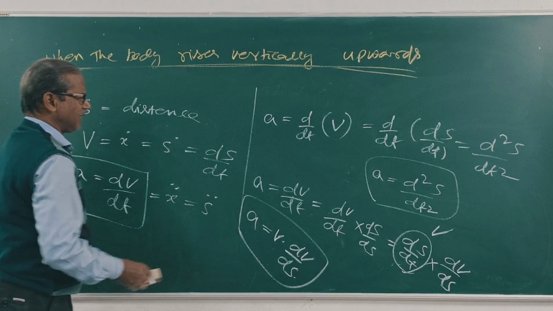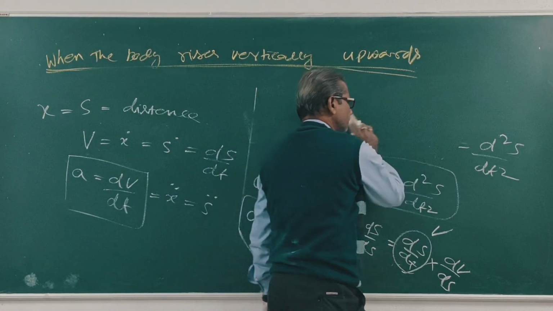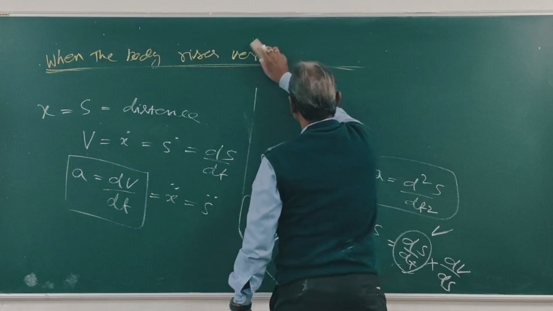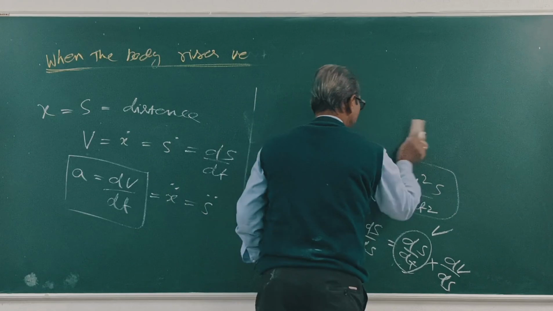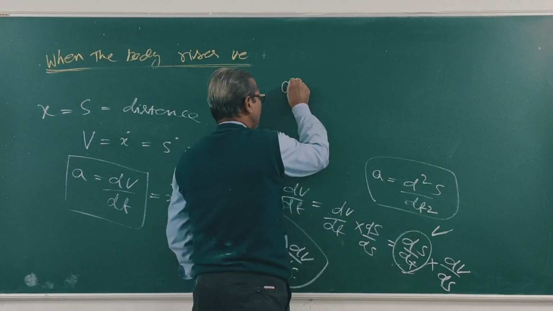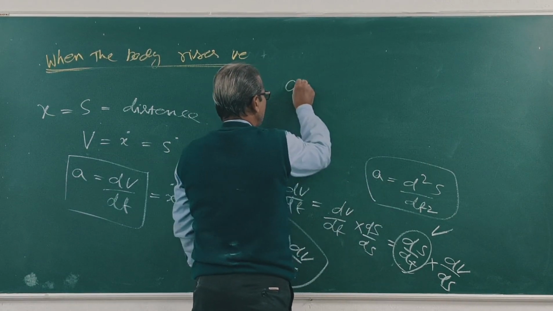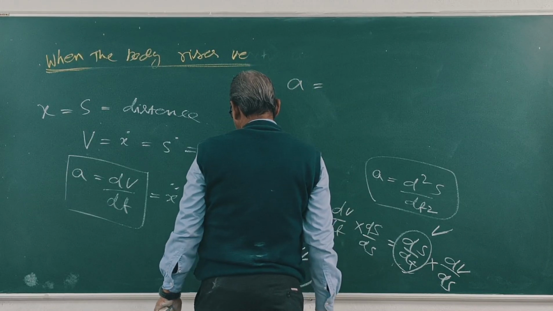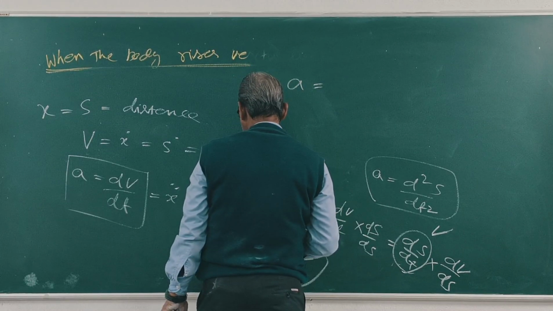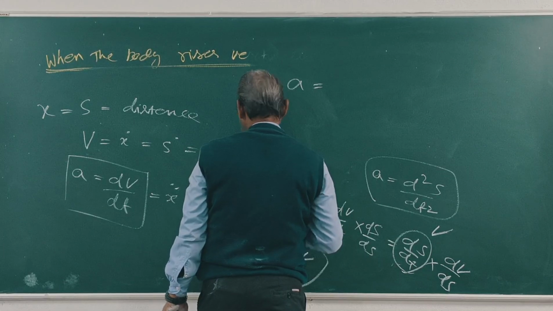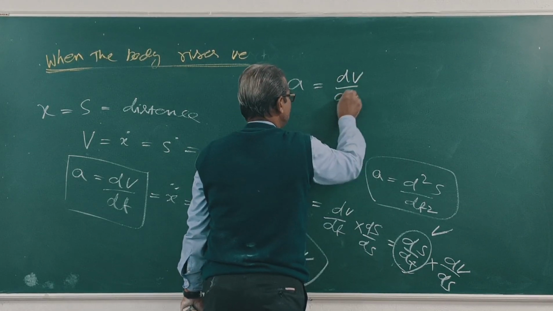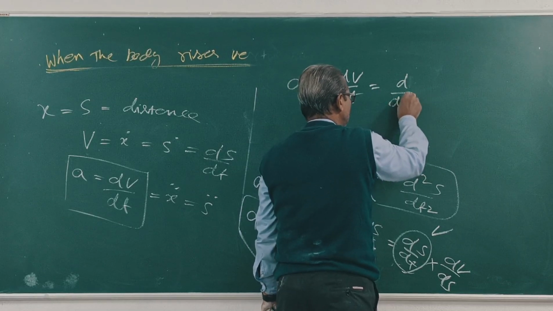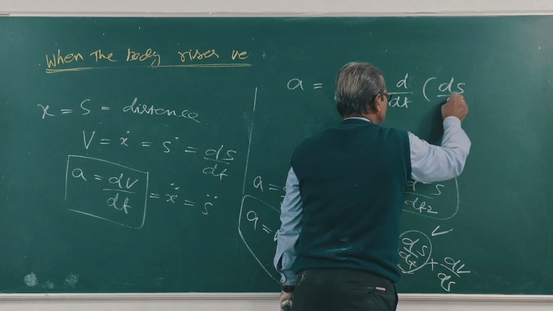Or acceleration is also A is equal to d by dt into v, where v is equal to ds by dt.